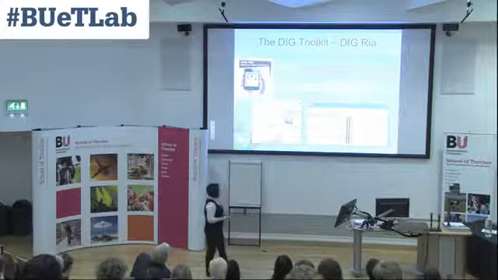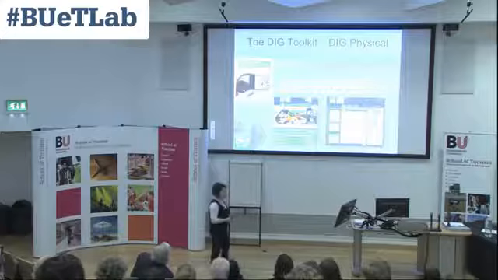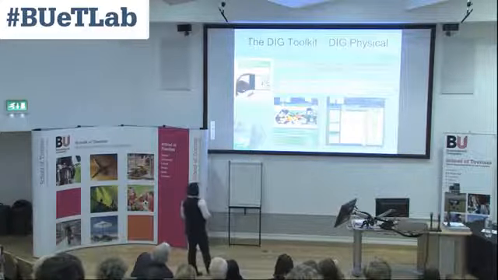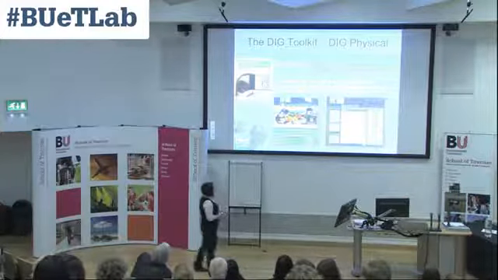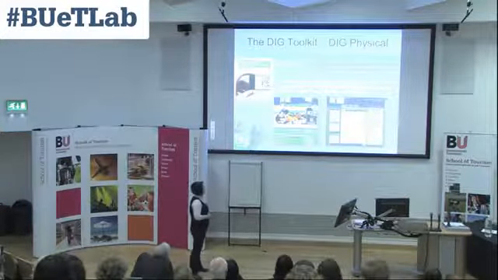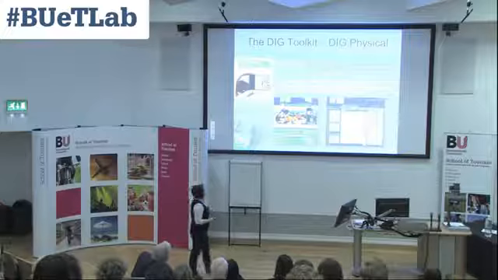The second tool is DIG Physical. And what is DIG Physical? It's a physical markers campaign tool for creating and managing smart codes. And when we're saying smart codes in this project, primarily we're talking about QR codes and near-field communication tags. Some of the features of this tool is that you can associate QR codes and NFCs with DIG RIA.